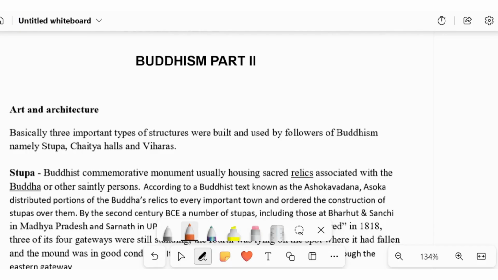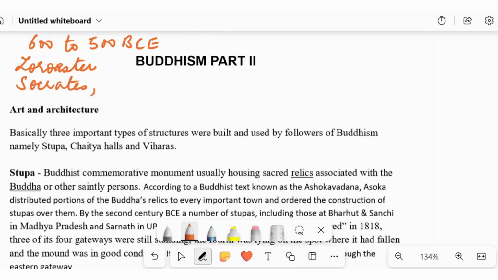The mid-first millennium BCE, or roughly 600 to 500 BCE, is regarded as a turning point in world history because various philosophers or thinkers emerged across the globe, like Zoroaster in Persia, that is today's Iran, Socrates, Plato, and Aristotle in Greece, and Lord Buddha and Vardhaman Mahavir in India.